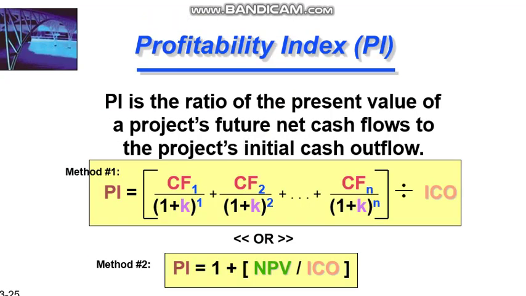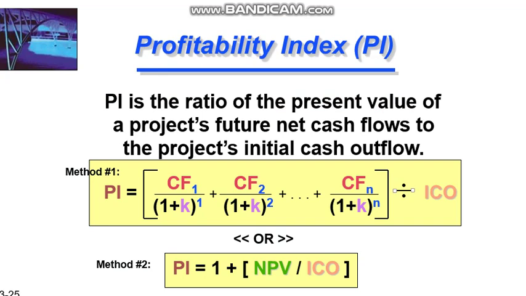With respect to the next technique, the profitability index, it has some relationship to what we discussed before, but we can see that it has the sign of division, not the minus. We calculate the present value of all cash inflows and divide it by the initial cash outflow, right?